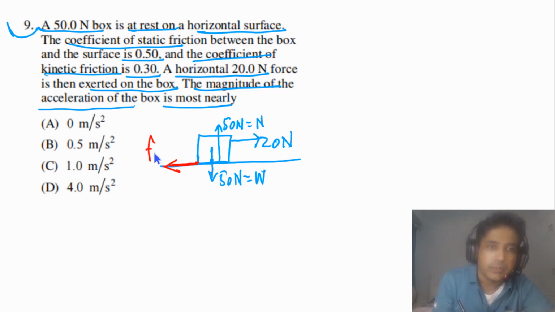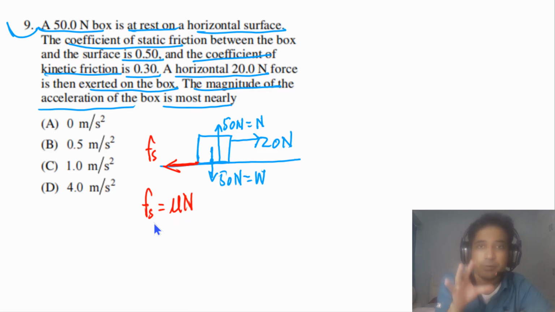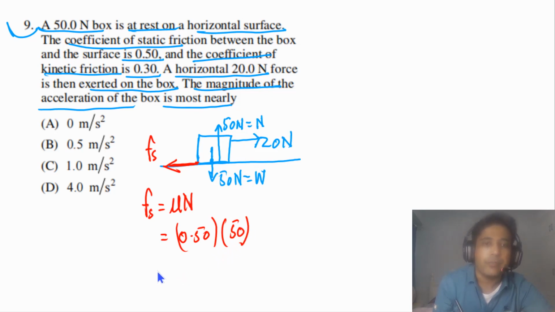We can say this is Fs. Fs will be equal to mu times N. This is the maximum value of friction, limiting friction. Mu is equal to 0.5, and the normal reaction force is equal to 50. If we solve this, we get 25 newtons.